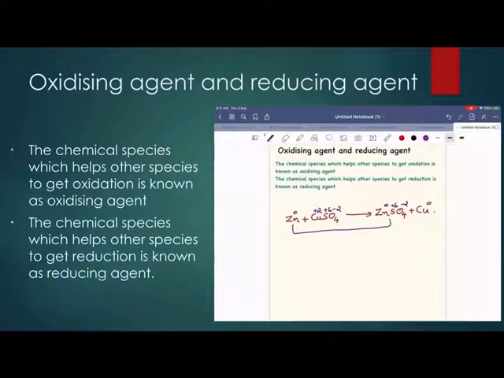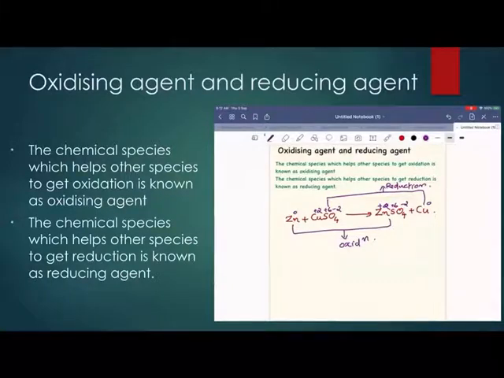Zinc undergoes oxidation because it changed its oxidation state from 0 to plus 2. Copper in copper sulfate undergoes reduction because its oxidation state decreased from plus 2 to 0.